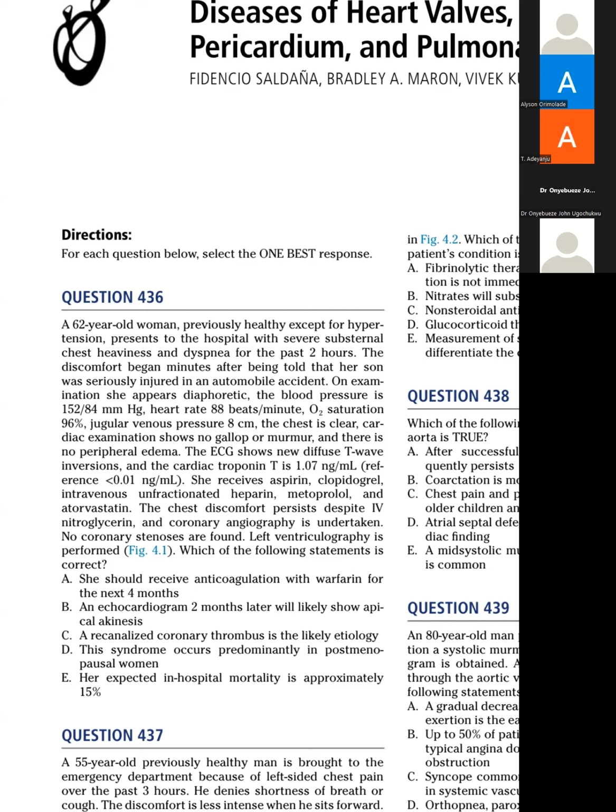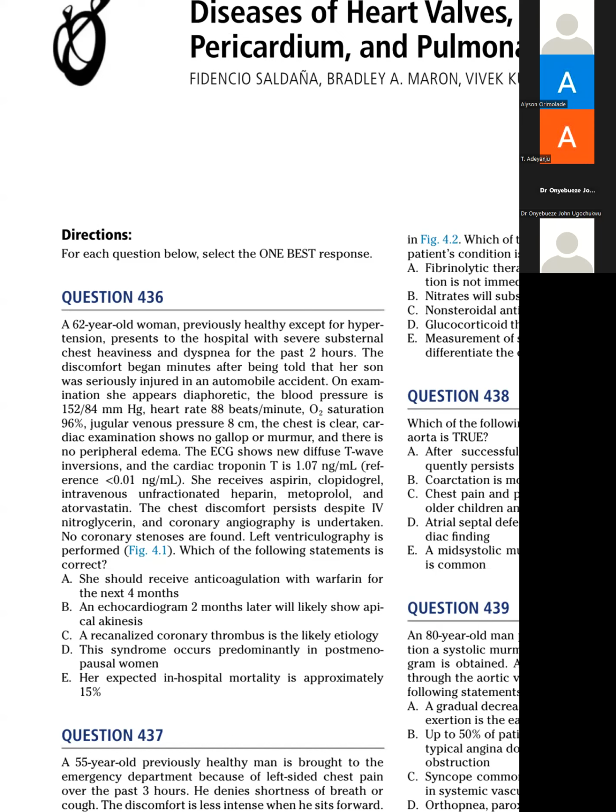In addition, it's also a form of MINOCA. There are several other types in which patients have non-obstructive cardiac infarction, which can be due to different pathophysiologic mechanisms. Takotsubo is one of them.